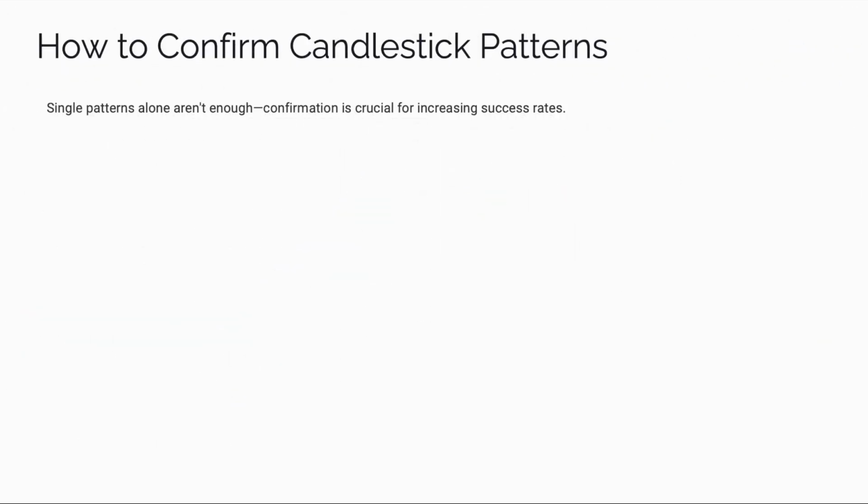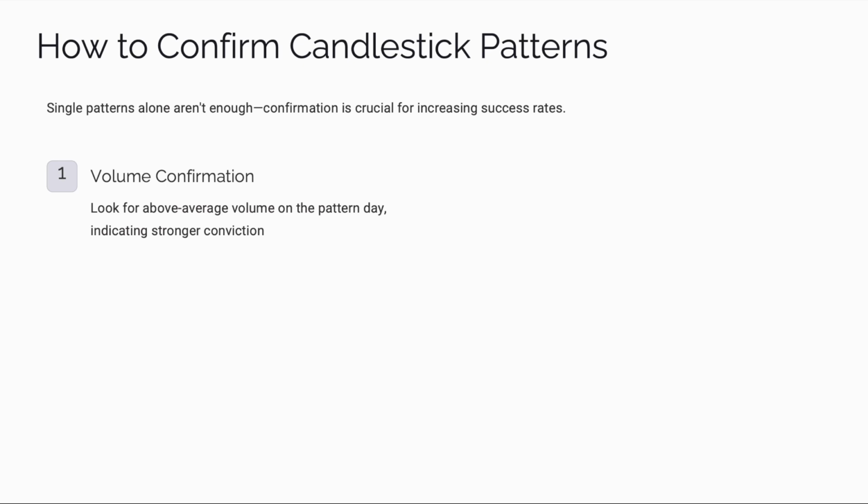So before jumping into how to confirm candlestick patterns, here's a golden rule. Single patterns alone aren't enough. Confirmation is crucial for increasing success rates. You can look out for volume confirmation, wherein you look for above average volume on the pattern day, indicating stronger conviction.